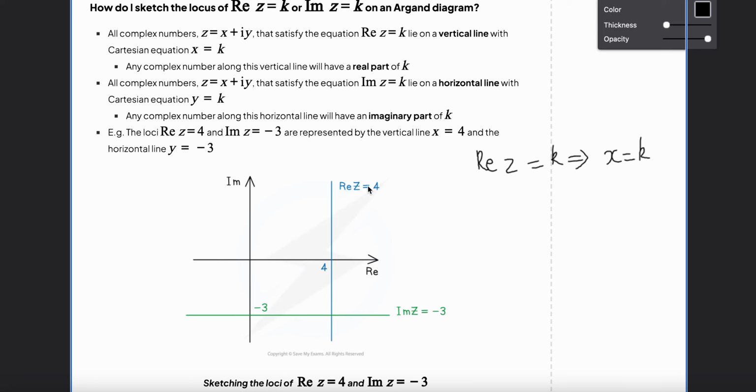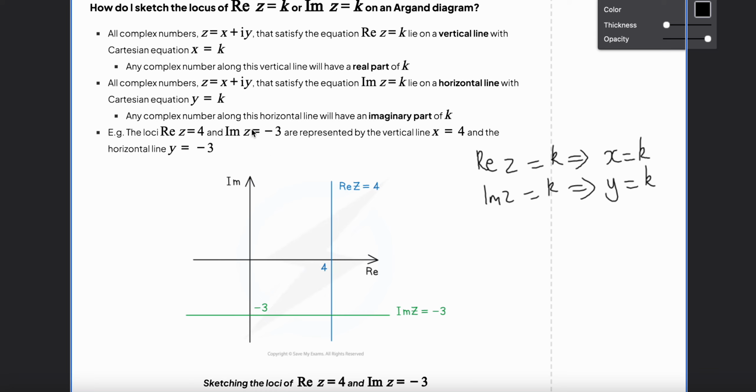Meaning this is a vertical line at k. For example, if we have real z equals 4, we just draw the line for x equals 4, which is a vertical line at x equal to 4. When we have the imaginary of z equal to k, this now is a horizontal line at y equals k.